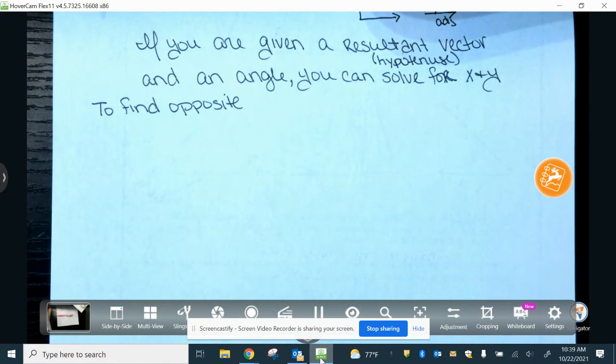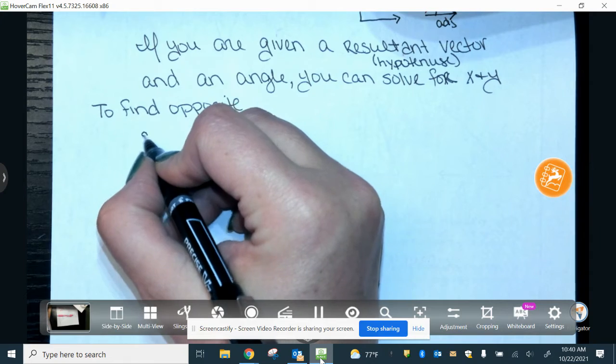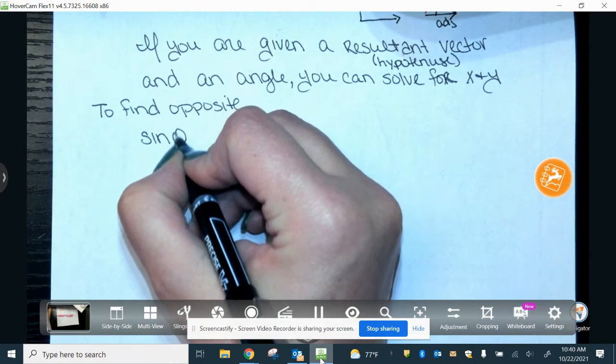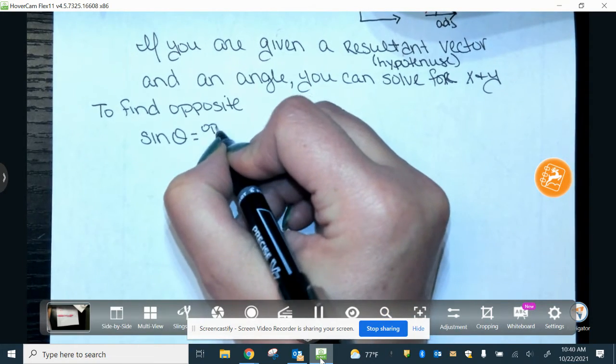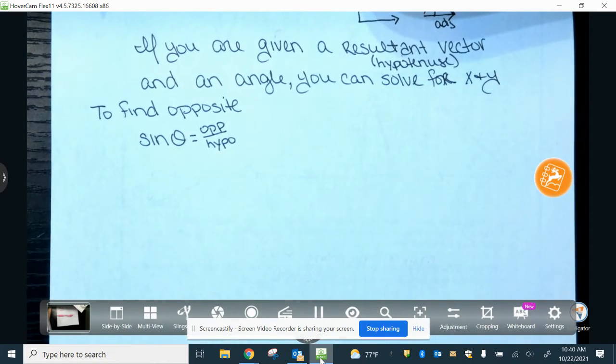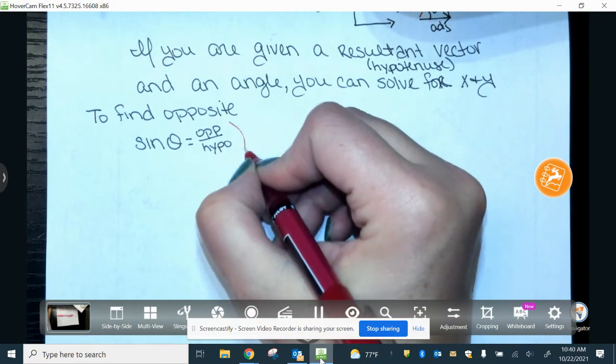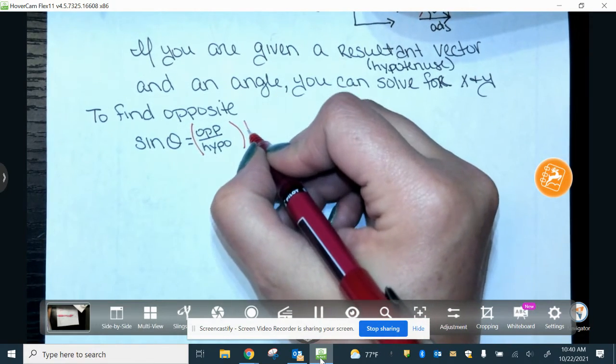To find the opposite leg of that triangle, my original equation is sine of theta equals opposite over hypotenuse. But I want to get opposite by itself because that's what I want to solve for. So I'm going to multiply both sides by the hypotenuse.